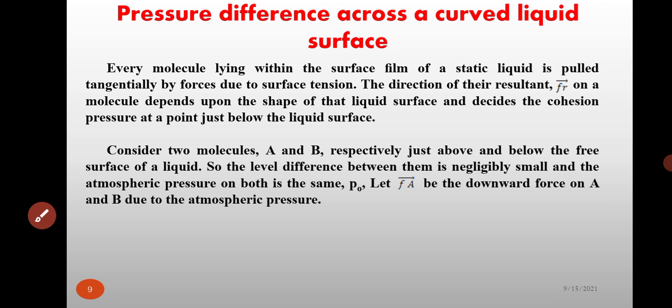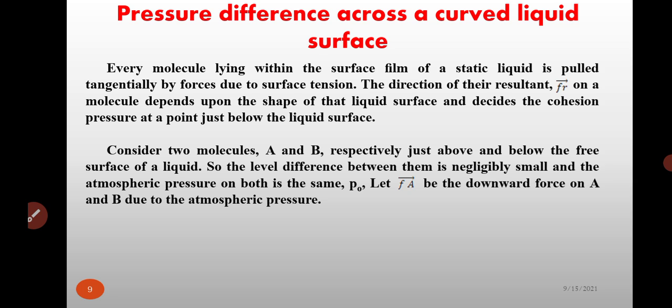Next topic, pressure difference across a curved liquid surface. Every molecule lying within a surface film of static liquid is pulled tangentially by forces due to surface tension. The direction of their resultant, Fr, on a molecule depends upon the shape of that liquid surface and decides the cohesion pressure at a point just below the liquid surface.